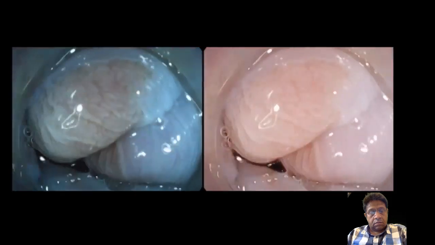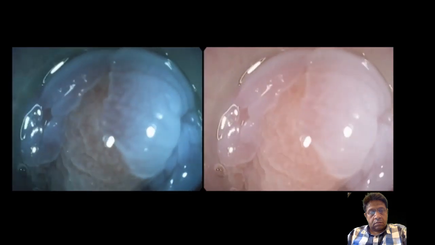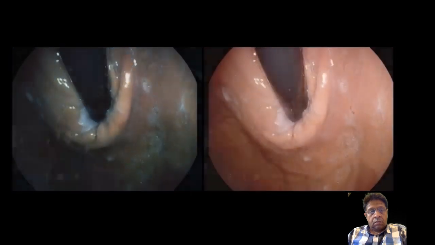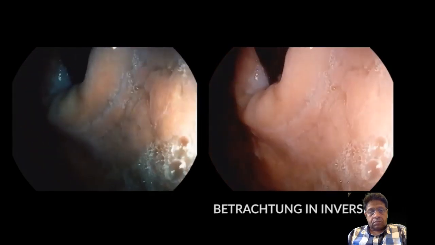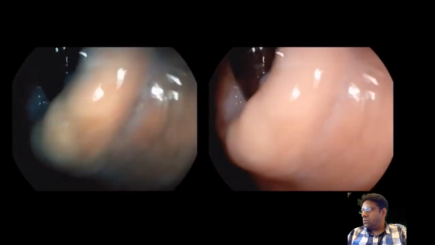Macroscopically, the rest of the Z-line has a gastric mucosa on it. Complete examination of the Z-line includes visualizing it in the inverted position. The Z-line is relatively low here.